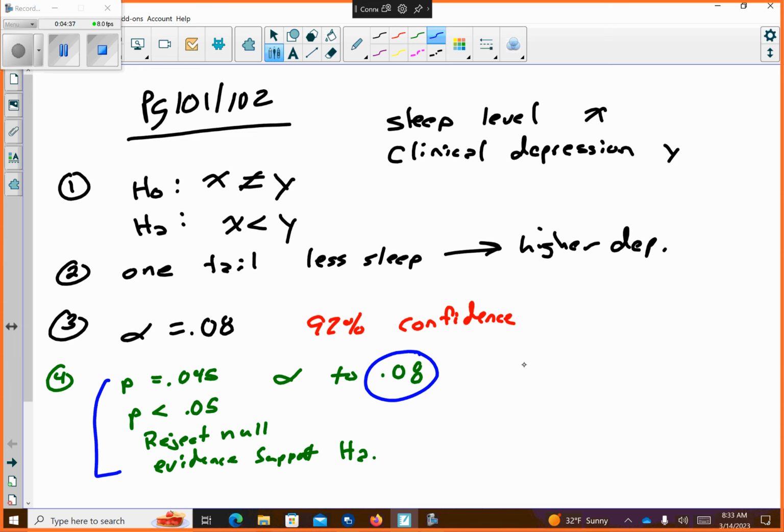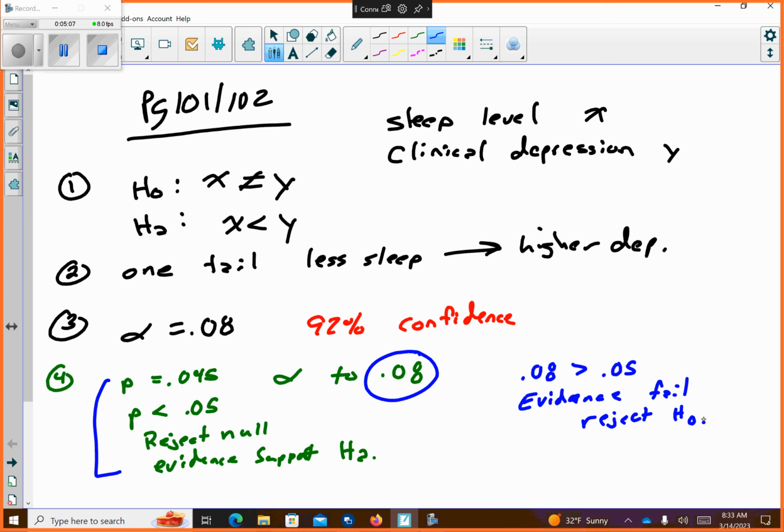Originally they said we have a p-value of this, but now we are saying that we have an alpha of 0.08. Being that 0.08 is a greater value than 0.05, this makes us not as sure that we're rejecting the null. So evidence to fail to reject the null. It's a little different perspective.